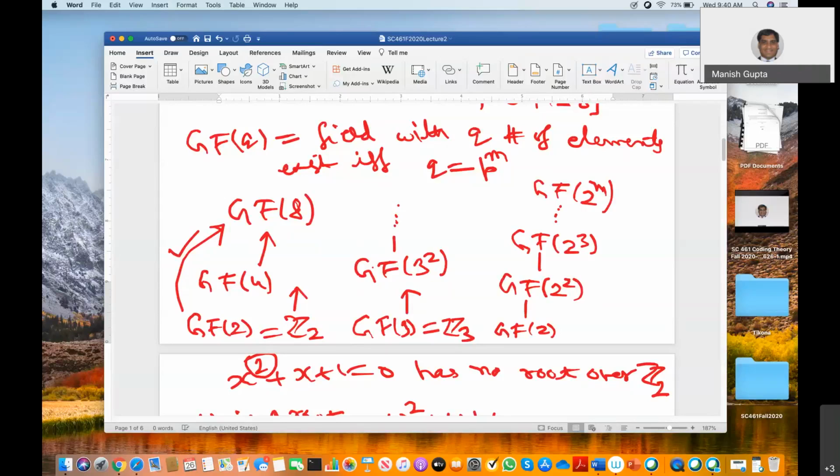There is an analogy: when we wanted to construct the complex number field from real numbers, we did the same thing. x square plus 1 has no root in the ground field, so we extended the field from real to complex in the same manner. So here also, each of these equations should have no root in the ground field, and then we attach the root to extend the field. That is the common way of extending a field.